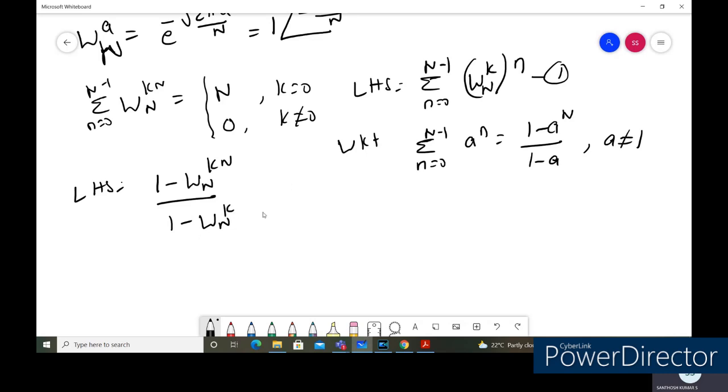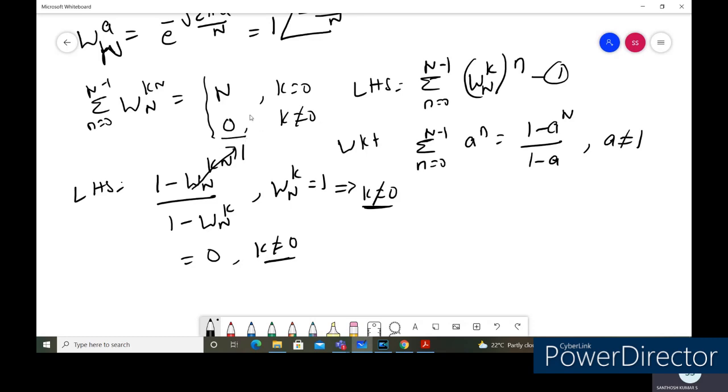The condition is that omega N to the power of k should not be equal to 1, which implies that k should not be equal to 0. Here omega N to the power of k N is equal to 1, so the LHS part becomes equal to 0 for the case k not equal to 0. So we got the first proof: for k not equal to 0, it is equal to 0.